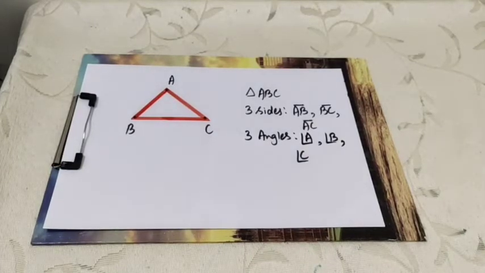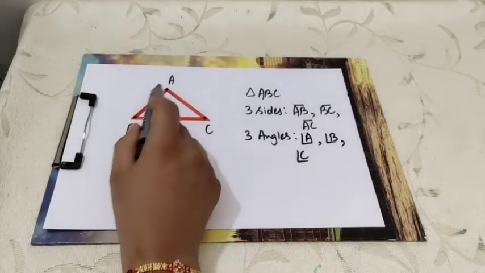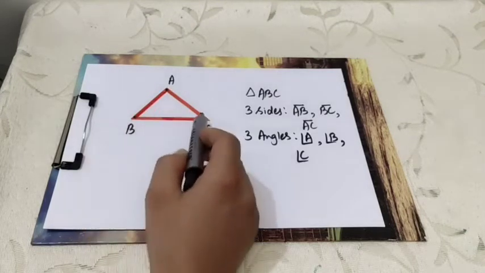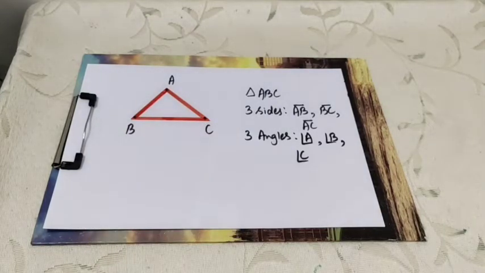And today we are going to study one of the properties of a triangle with respect to its angles, which are angle A, angle B and angle C. And the property that we are going to study is the angle sum property of triangles.